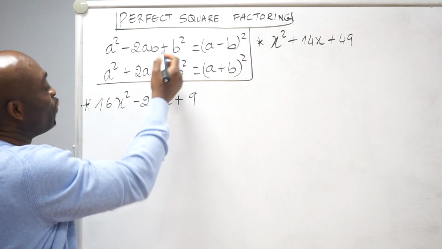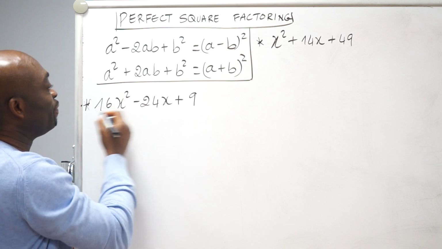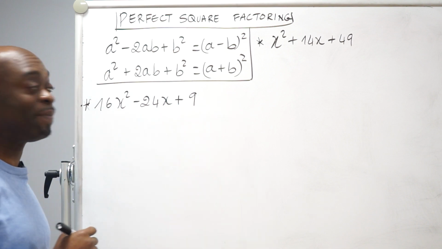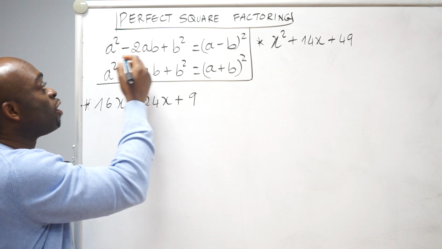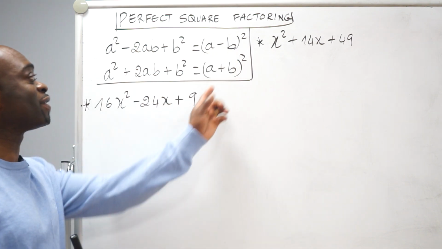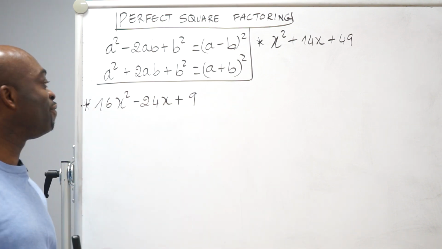That would be the first one because you have the negative sign there. The first term is positive, and the third term is positive as well, but the middle one is negative. So automatically, you're thinking about the first one, not the other. All right? So already, you're going faster here.